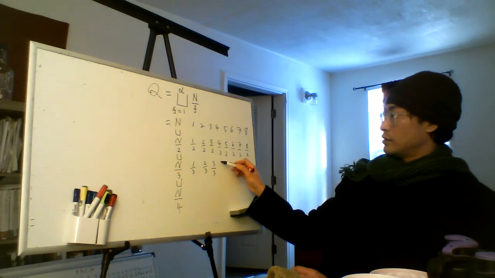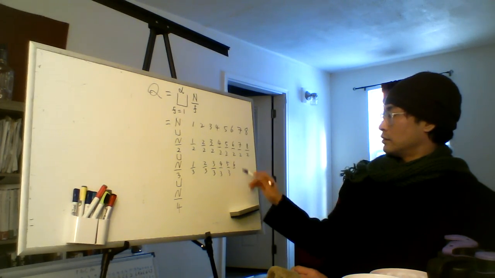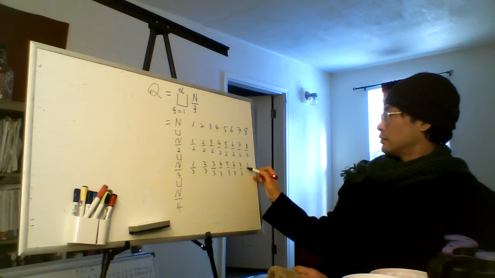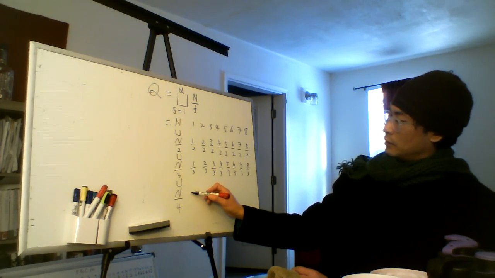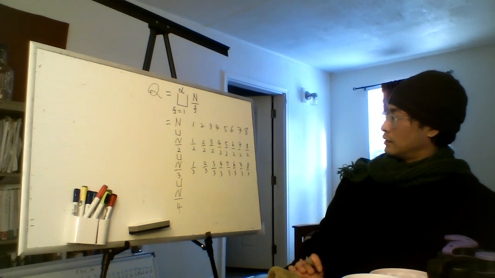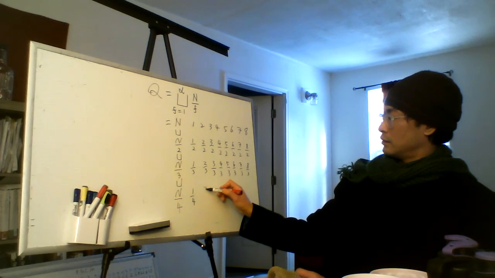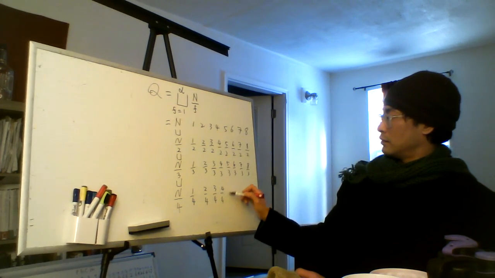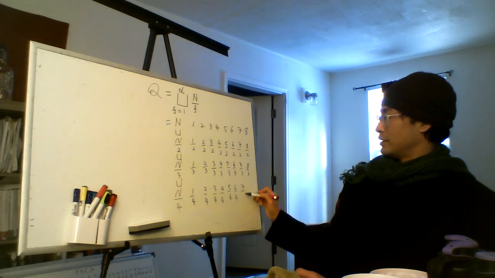Because it always works. N over 4. Yeah, there are some intersections. You can tell.